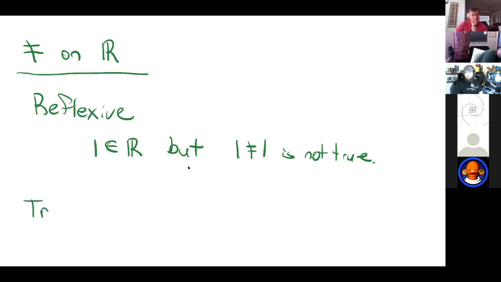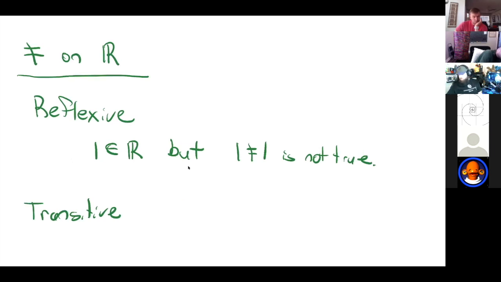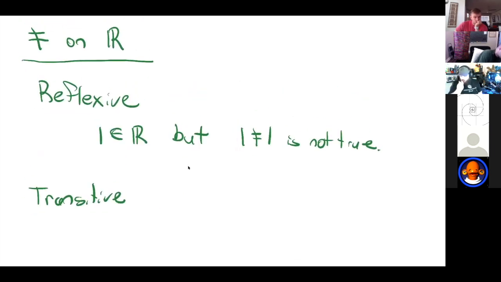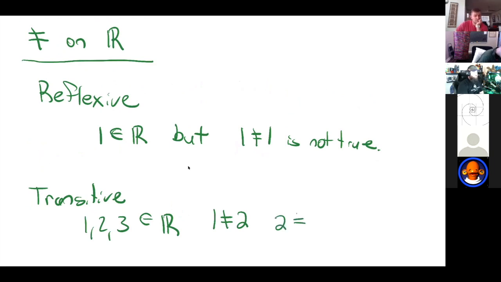The transitive property, right? This one would also not hold here for the same property that we're thinking about. And again, you could probably think about just about any 3 numbers in R. And we see 1 is not equal to 2. 2 is not equal to 3.